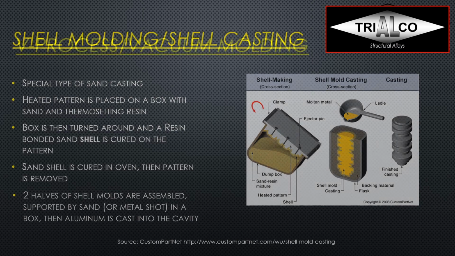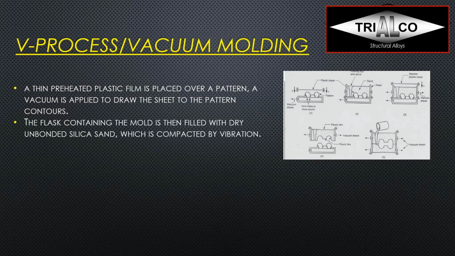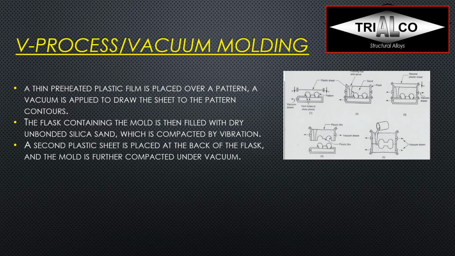I'm sure you've heard of the V process or vacuum molding. This is where a thin preheated plastic film is placed over a pattern, and then vacuum is applied to draw the sheet to the pattern contours, and a flask containing the mold is then filled with dry, unbonded silica sand, which is compacted by vibration. A second plastic sheet is placed on the top of the flask, and the mold is further compacted under vacuum.